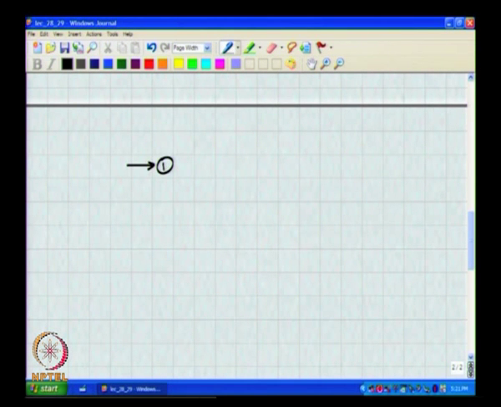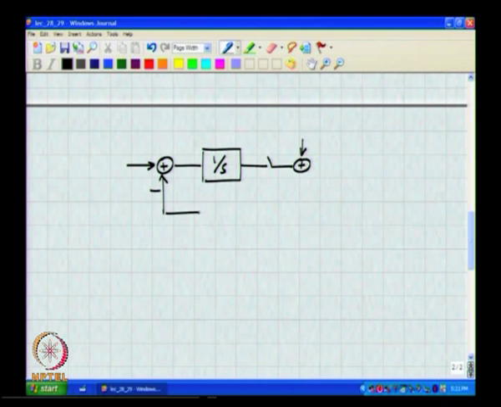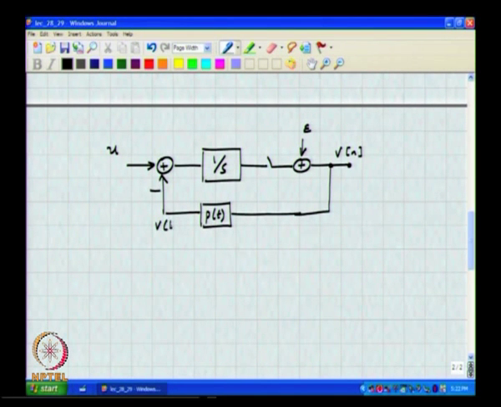and I will illustrate that using the first order continuous time delta sigma modulator. I have replaced the ADC DAC combination with an additive noise source, and this is U, and this is V of n, this is V of t, Y of n.